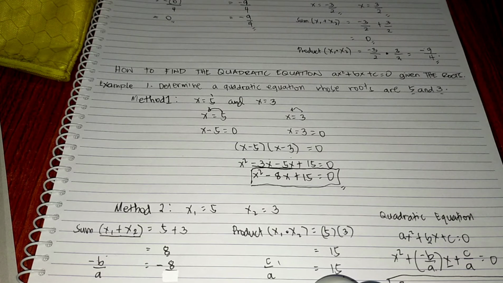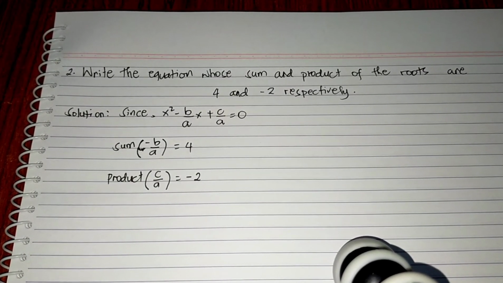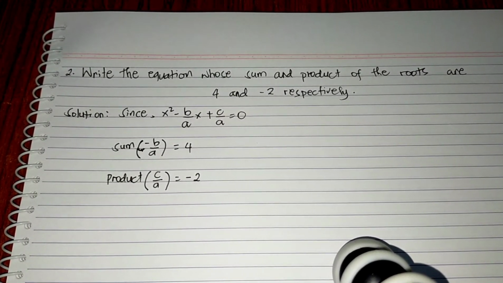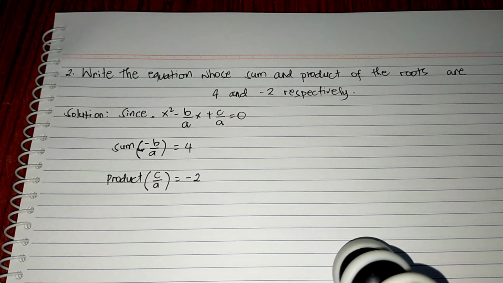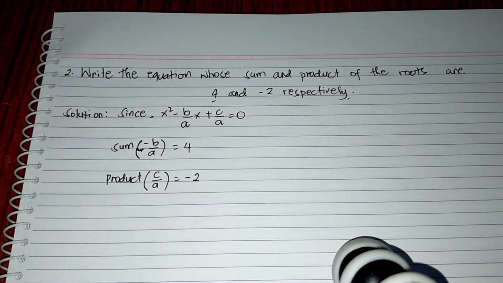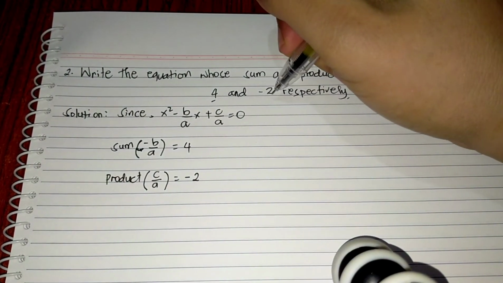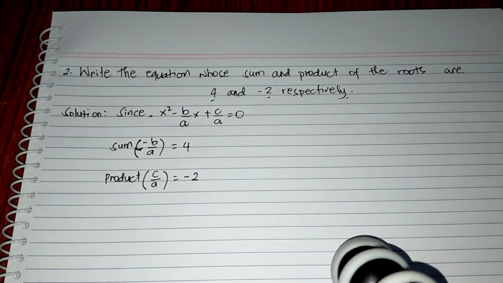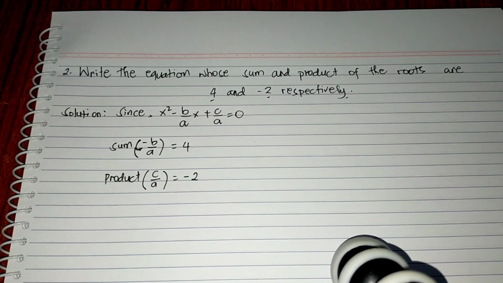Okay? Okay, so number 2, given example tayo. Write the equation whose sum and product of the roots are 4 and negative 2 respectively. Kapag nakakita po ng ganitong klase ng problem, tatandaan, kapag may sinabing respectively, kung sino yung nauuna, siya po yung sum natin. Sino naman yung pumapangalawa, siya po yung product natin. Okay?